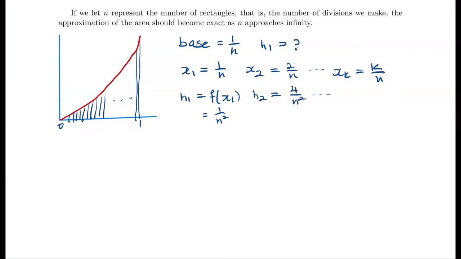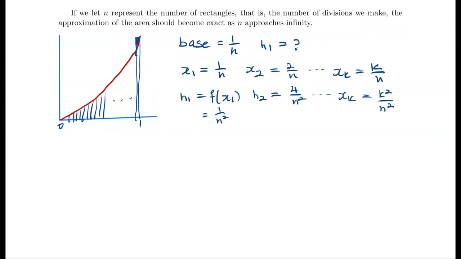And if we keep on going to the kth value, we would get k squared divided by n squared, right? So the idea here is that we're using the right edge tool to find the area here. So we're talking about this part right here, right? So what is the x-coordinate of the right edge of each rectangle? That's what we want to find out.